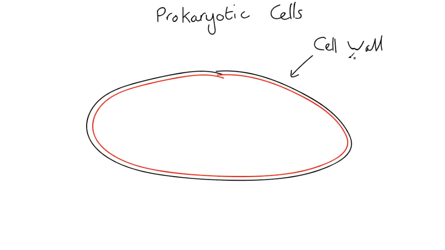Okay, we have another layer next to the cell wall, which is the cell membrane. So this red line here is the cell membrane. Depending what kind of prokaryotic cell it is, there's more prokaryotic cells than there is eukaryotic cells by a long way.